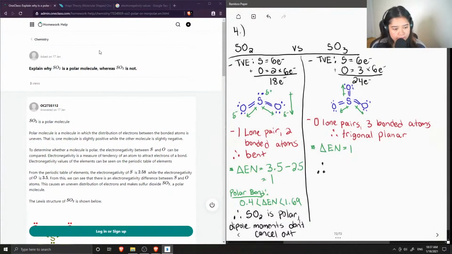So therefore, we can say that SO3 is a nonpolar molecule. The dipole moments cancel each other out.